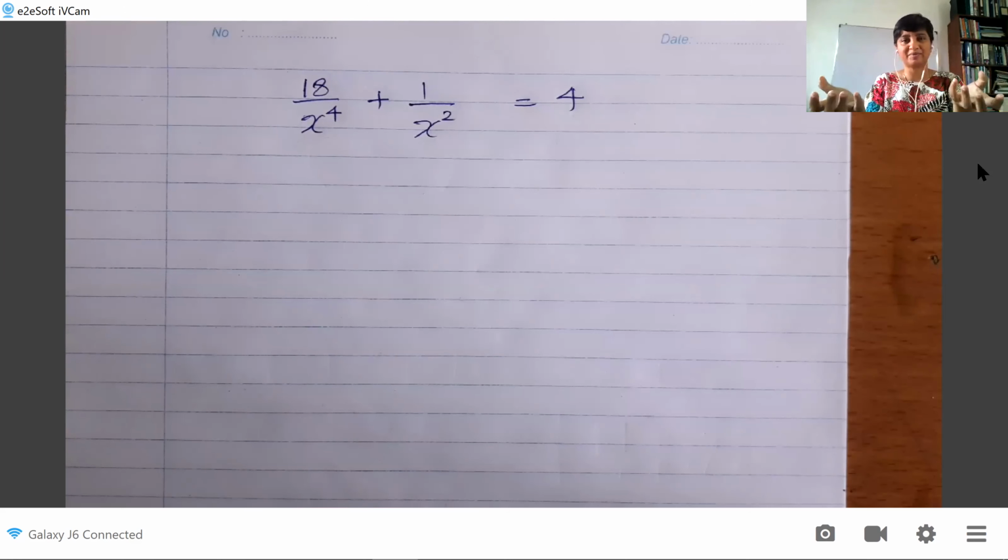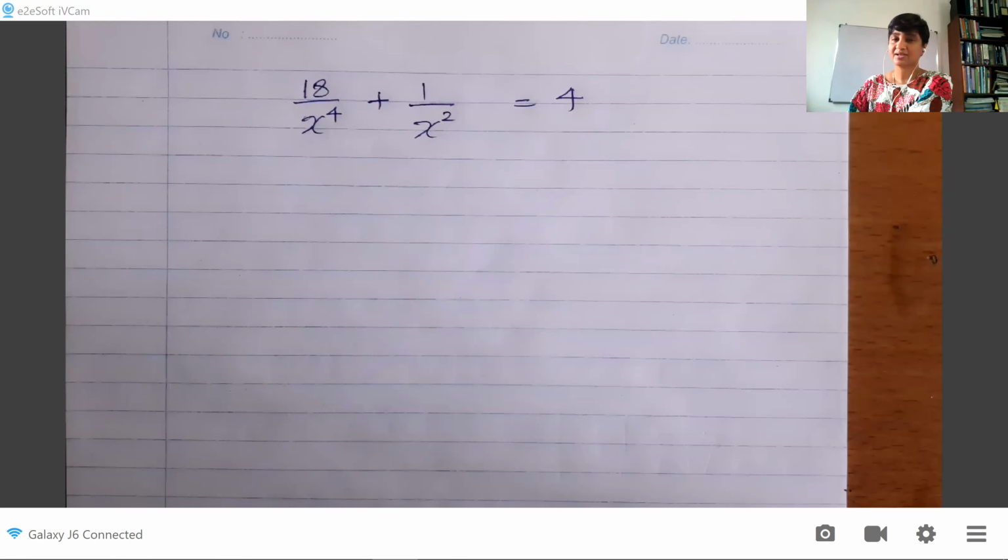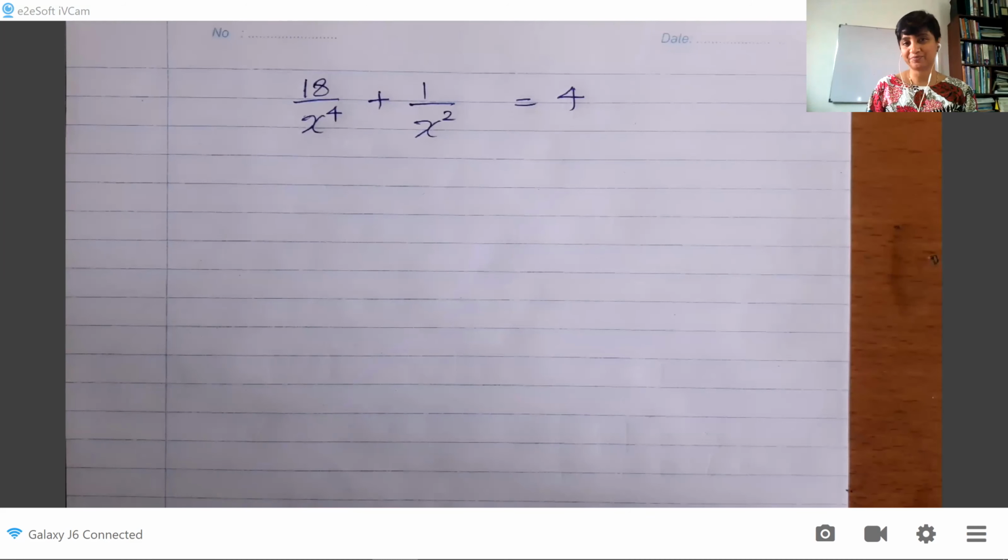Or 16 still would work, but the lowest is 4. So it's easier to work with the smallest number. Just like that, here you have x to the power of 4 and x to the power of 2. What's the lowest common multiple that they have? X to the power of 4.